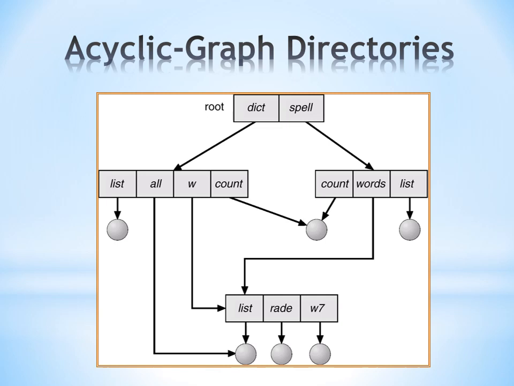For example, the directories dict and spell share the same file, and the directory W in the dict directory shares the same subdirectory list. So both different directories are able to access the same file because they already share the directory.